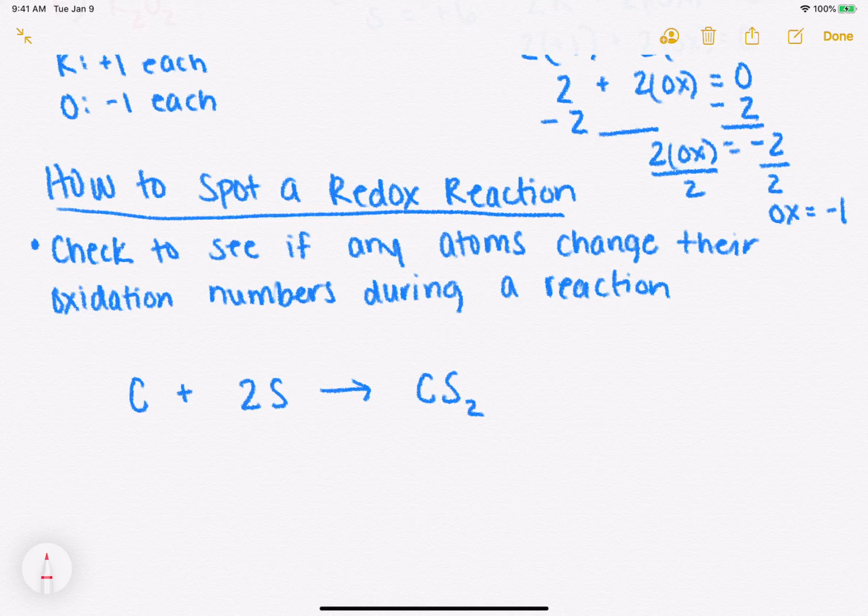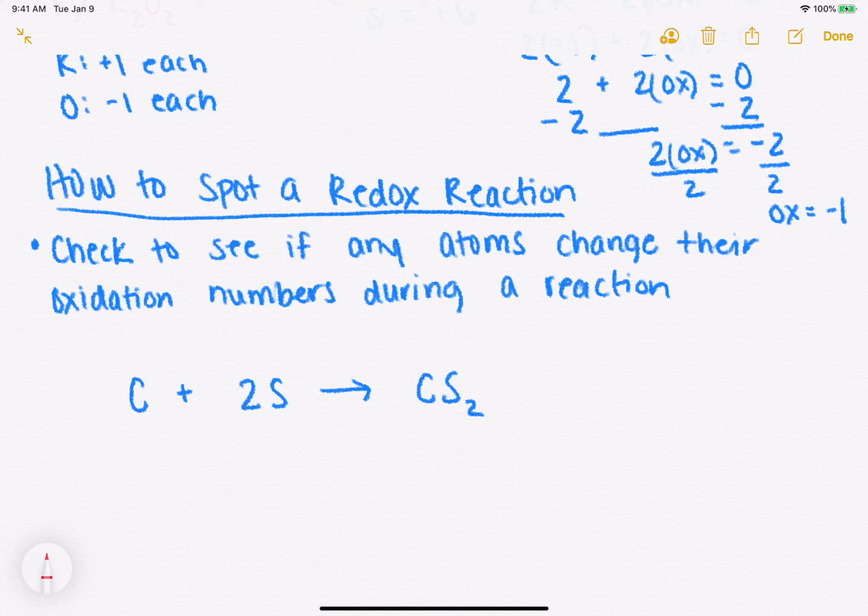So what we're going to do is check to see if any of the atoms in this reaction change their oxidation numbers. In order to do that, we have to assign oxidation numbers for every atom. So starting with this one, carbon. Carbon by itself is a free element.